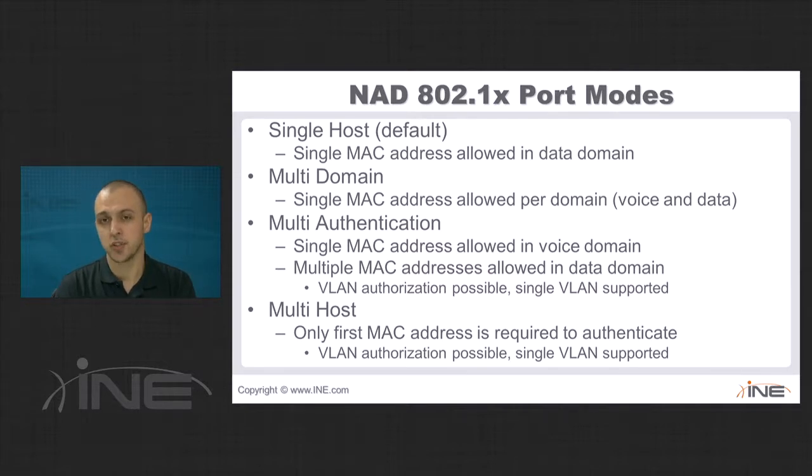You would want to use such a functionality, for example, when behind the switch you have a hub or another switch which doesn't have authentication enabled, and not all the clients support authentication. In that case, you would want to authenticate only the first MAC address, so the first client which connects to the network, and the following traffic will be allowed without the switch enforcing authentication.